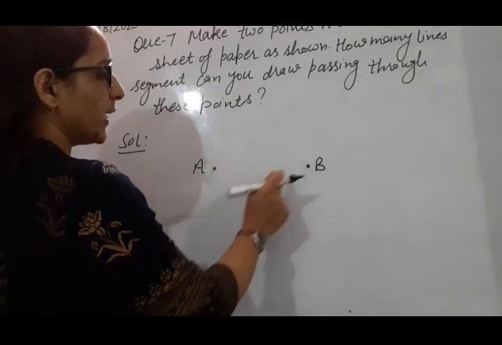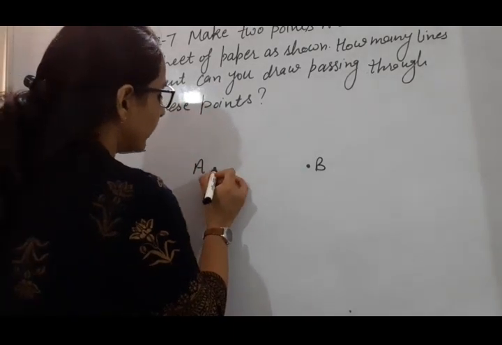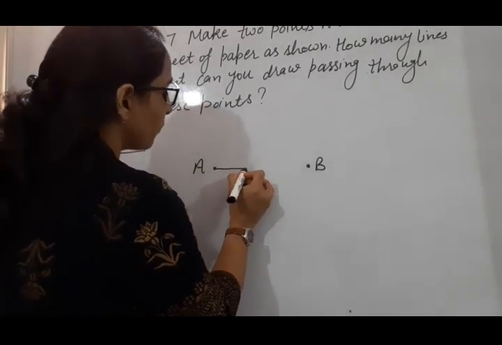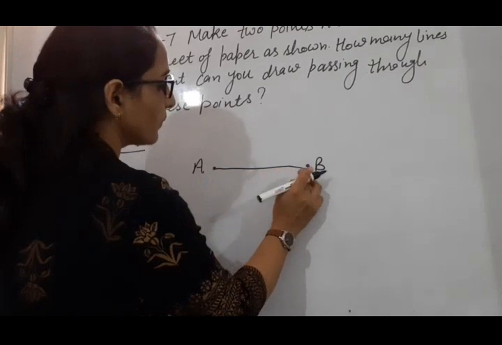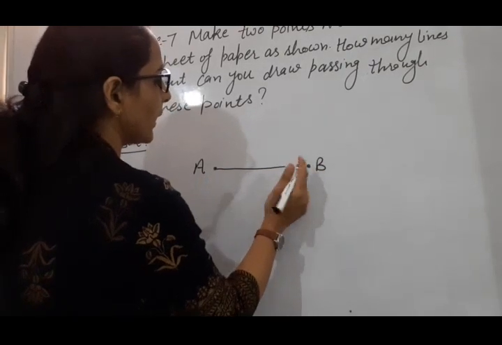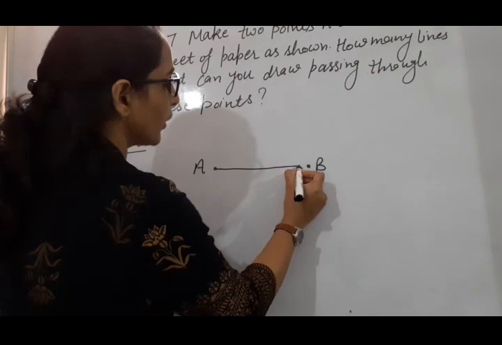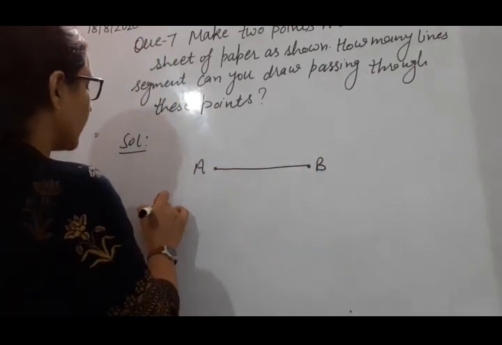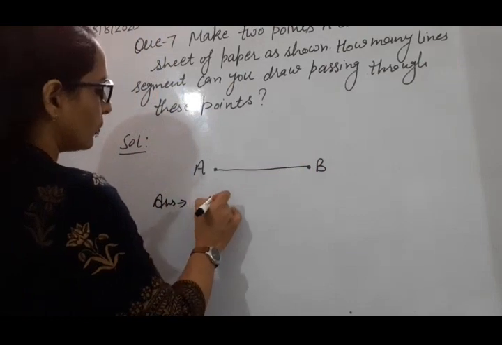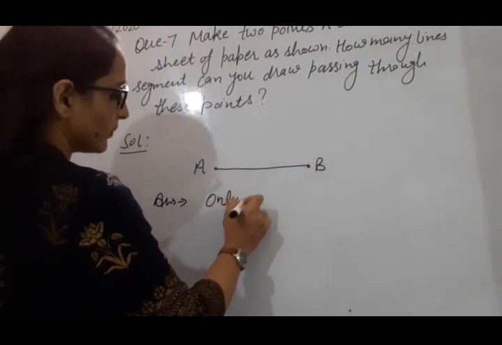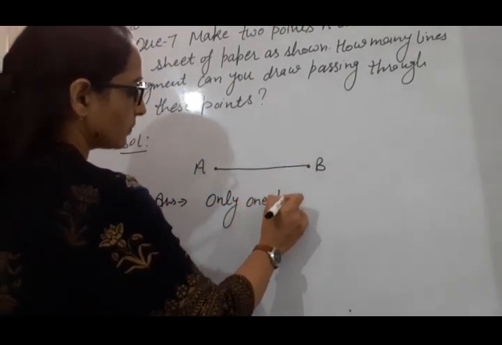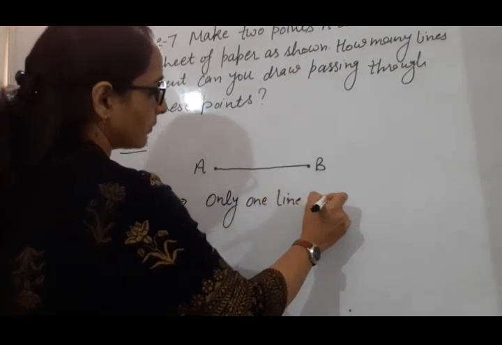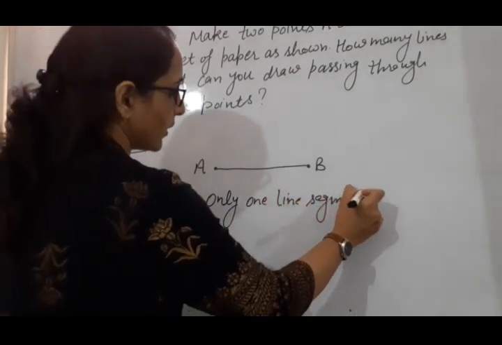Here is point A, here is point B. It is passing from point A to point B. So how many can we draw? The answer is only one line segment.